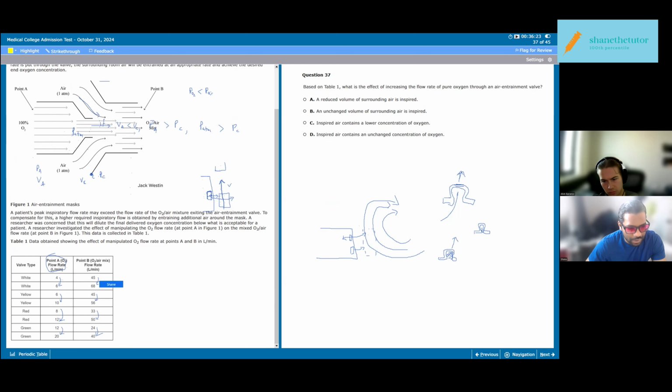But also from the table, whenever we increase our flow rate of pure oxygen, point A, like from 4 to 6, from 6 to 10, etc., the flow rate of the oxygen air mixture goes up. That means that we are introducing air into it. So that should be an increased volume of surrounding air that's inspired, right? Yeah.